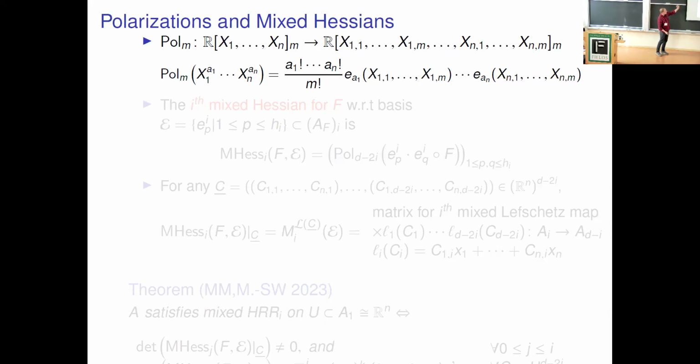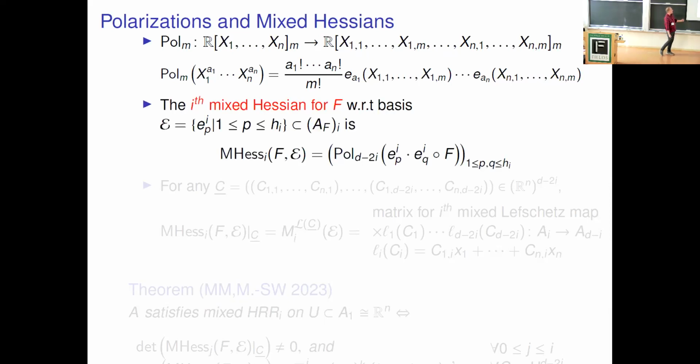So, okay, and what am I going to do with this? Well, now let me go make like I'm going to compute the Hessian for f with respect to some homogeneous basis for the algebra A_f, let's say in some fixed degree i. And the way that I compute the Hessian is I take pairs of basis elements and multiply them together in the ring, and then I treat them as differential operators and apply them to f.